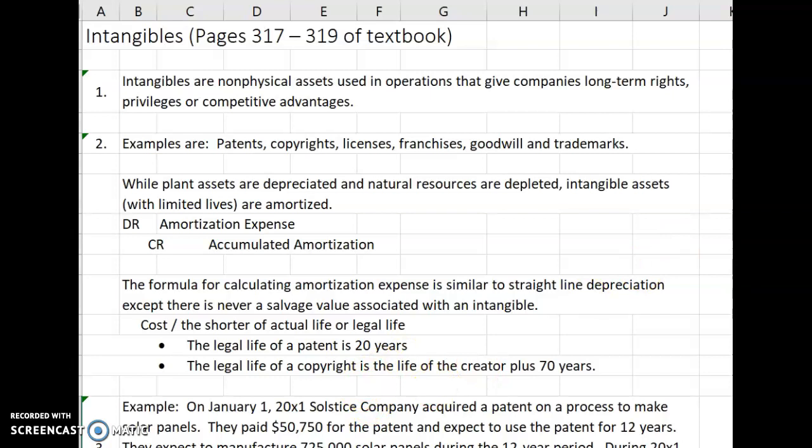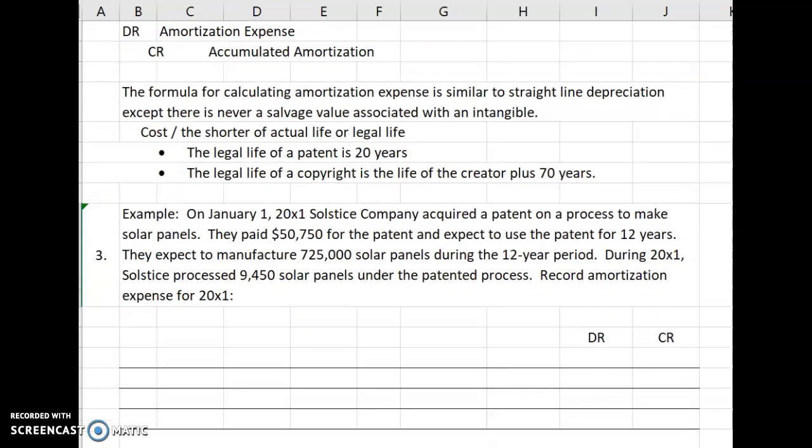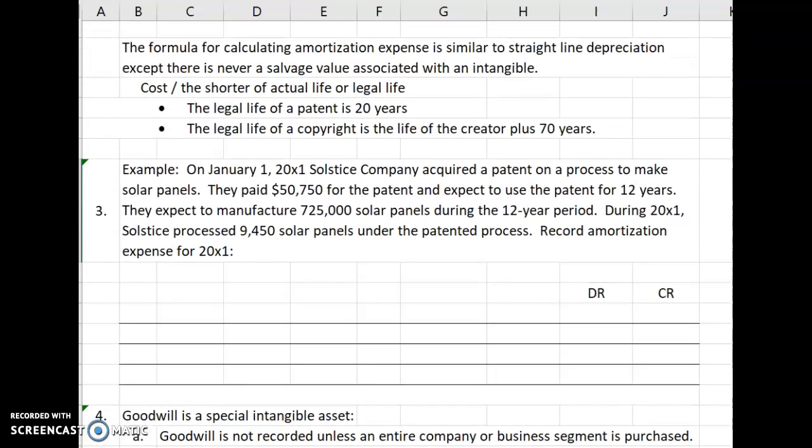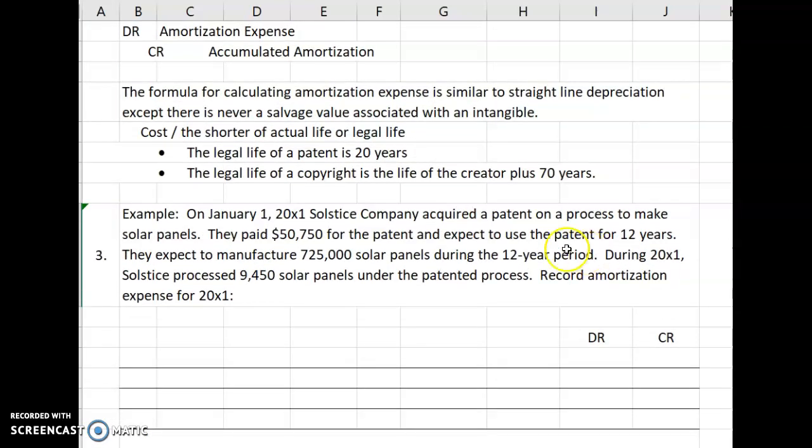Now I'm going to give you kind of a tricky example. As we read it together, I want you to remember that the formula for calculating amortization expense is always, always, always cost divided by the shorter of the actual estimated life or its legal life.